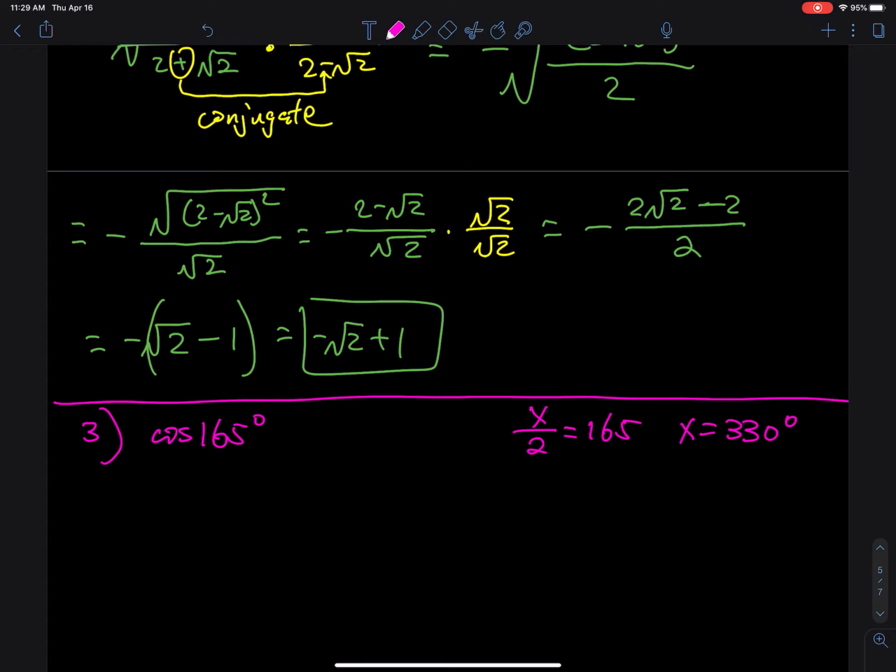The 165 degree is in quadrant 2, so we have a negative x and a positive y.